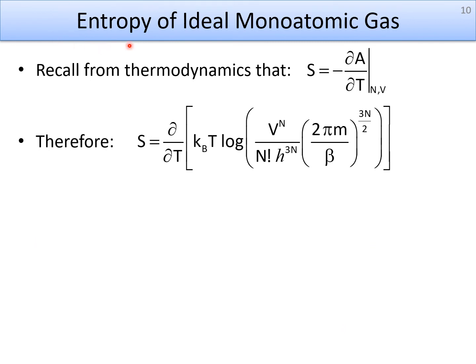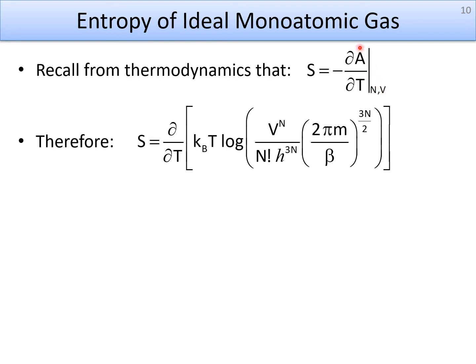Now let's talk about the entropy of the ideal monatomic gas. We recall from our classical thermodynamics that the entropy is minus the partial derivative of the Helmholtz free energy with respect to temperature, keeping the number of particles and the volume constant.